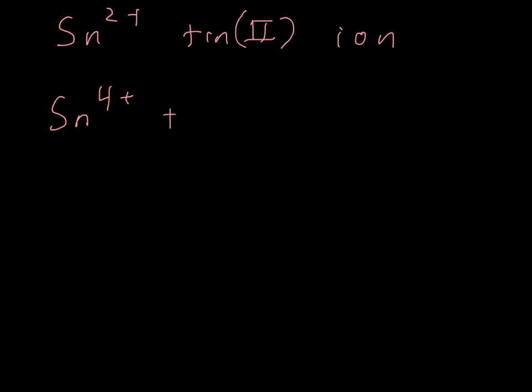I have 4+, so I have tin 4 ion. Remember, for Roman numerals, when you're subtracting, you put that 1 first. So tin 4 ion. And that's how you name those ions of metals that can have multiple charges. Still, pretty easy, right? Chemistry is easy, life is hard.